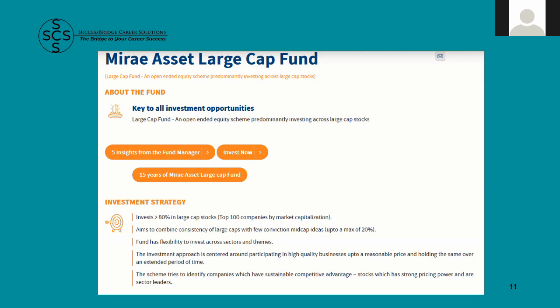And then the other criteria is the high quality business at a reasonable price, and then holding the same over an extended period of time, and which have competitive advantage. So these are all very sort of abstractions, but then there are models that can translate these abstractions into actionable data-driven actions.